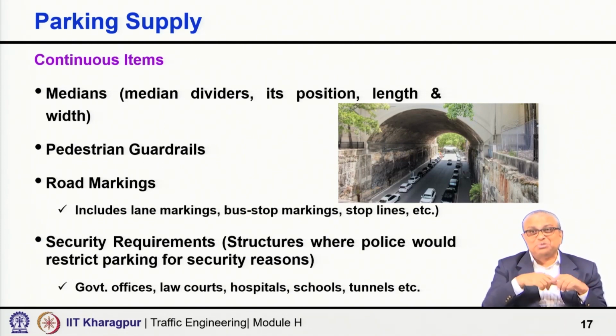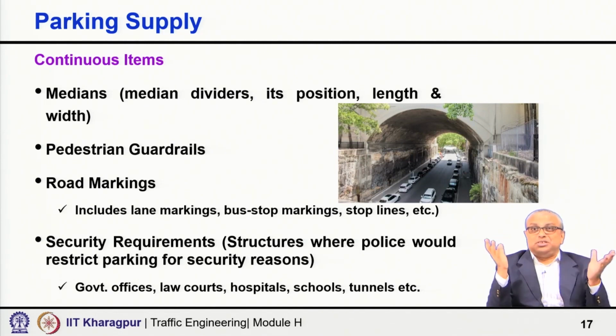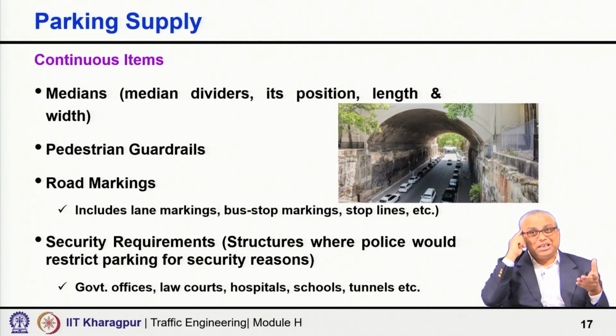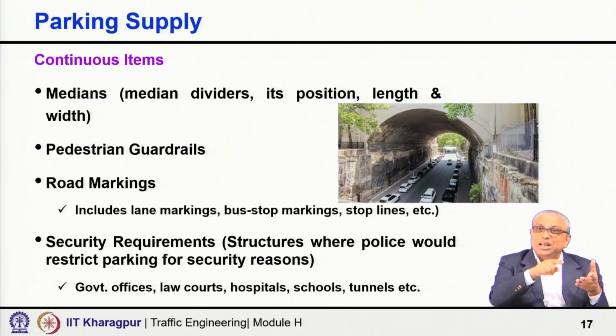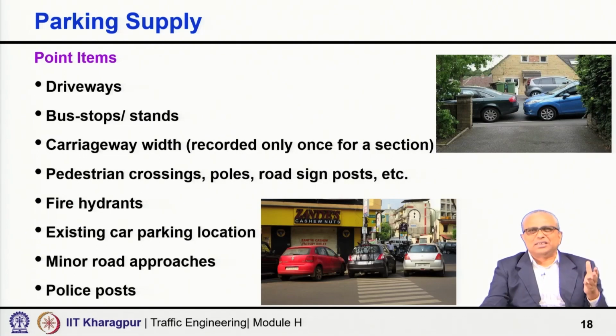So you must know where the police post is located, or some sensitive government building, the ministry secretariat, a very sensitive area. It needs to be located or marked so that I do not allow or allocate parking there. These are some of the examples. It is very difficult to make all such things exhaustive, so I am only giving some kind of indication.